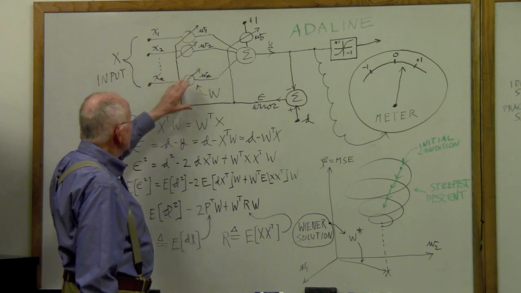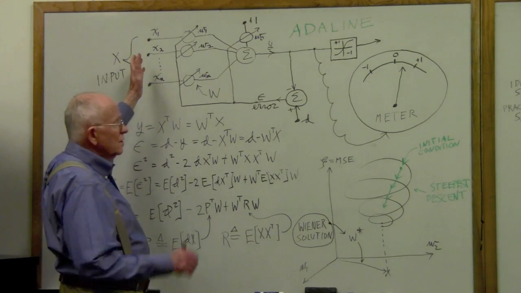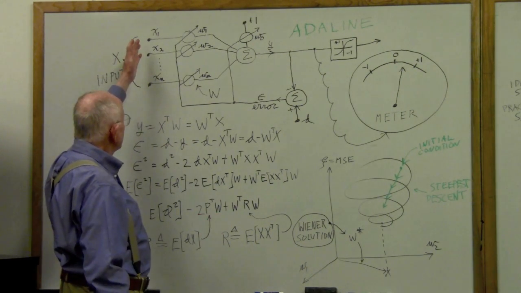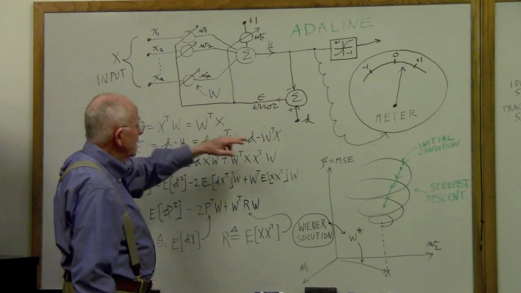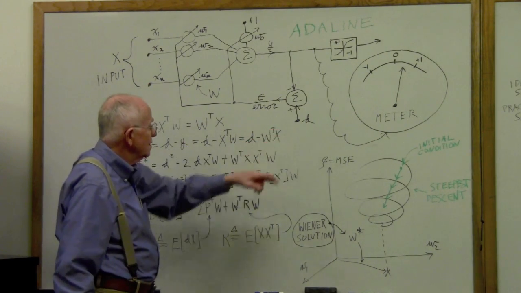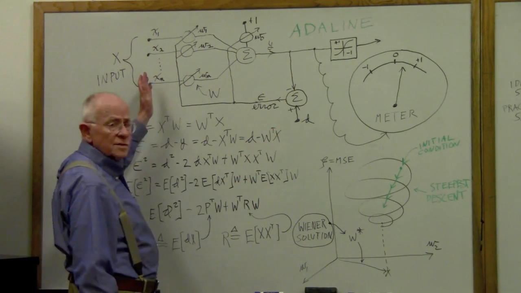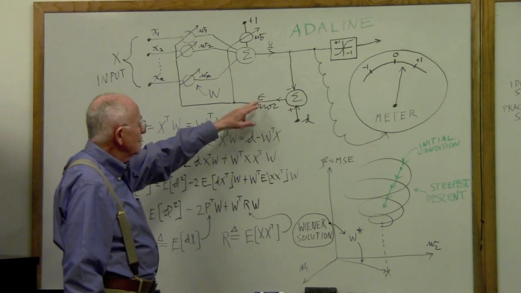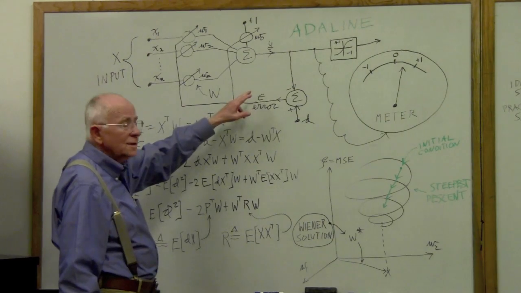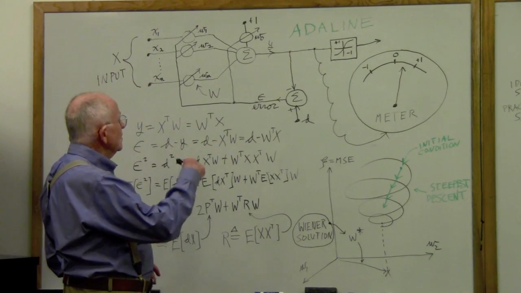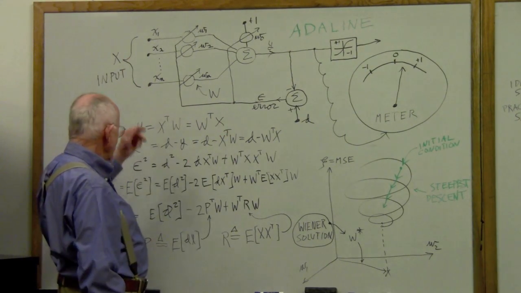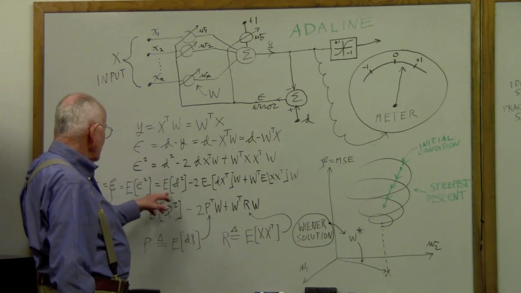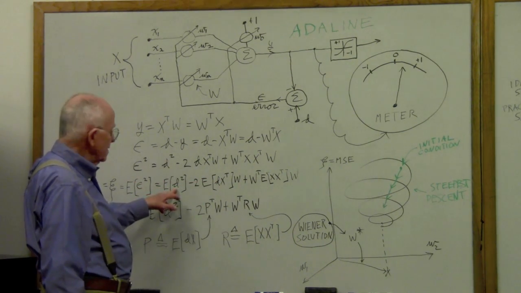So let's say we fix the weights, we apply in sequence all the input patterns one after the other, each input vector pattern and the associated desired response. And in each case, for each input vector, we look at the error, we take the square of the error, and then we take the average of the square of the error over the set of training patterns. That's what this is. So now we have the expected value of all those desired responses square.